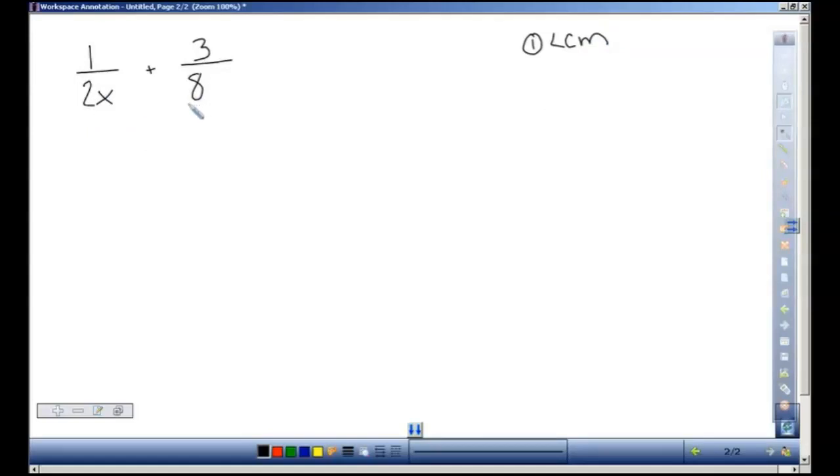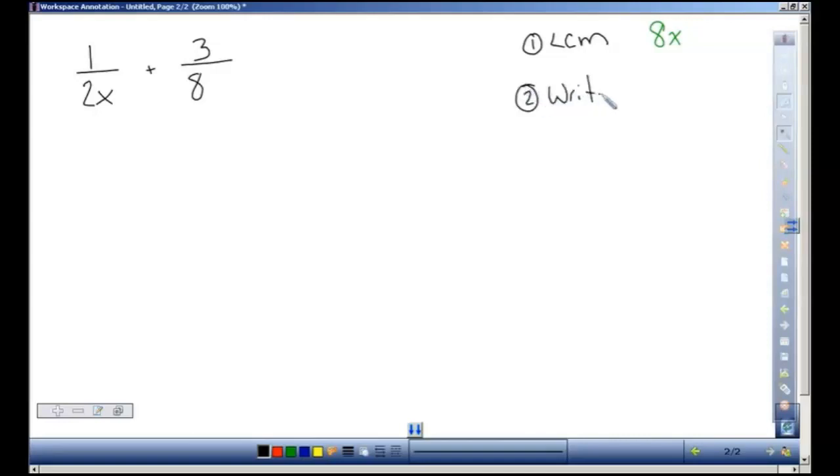What is the LCM of 2 and 8? The smallest number that both 2 and 8 will divide happens to be 8. So 8 is going to be our number LCM. List any variables that we happen to have hanging out down here. We only have one variable, and that is x. And the highest exponent on x is 1. So my LCM is going to be 8x.